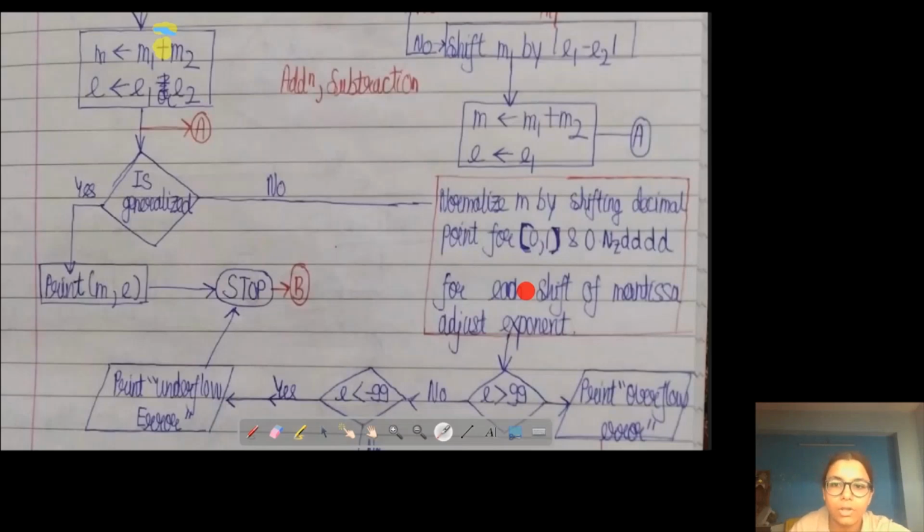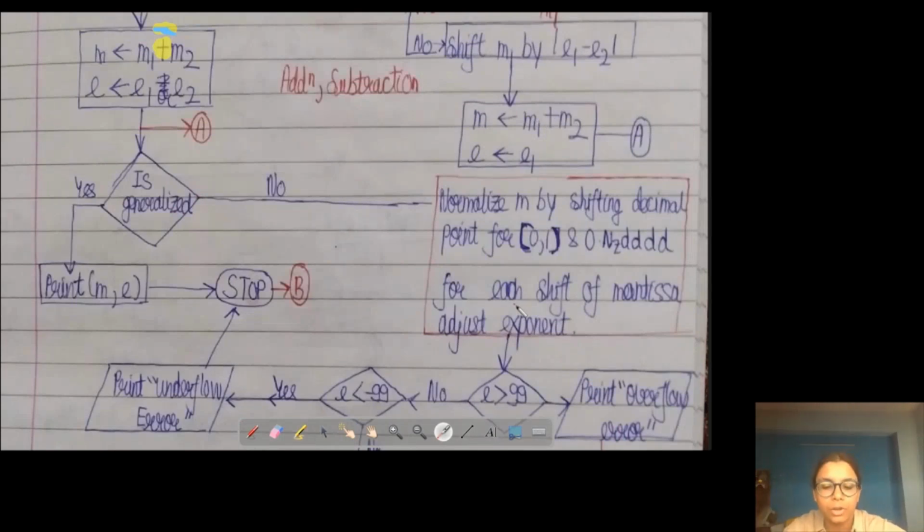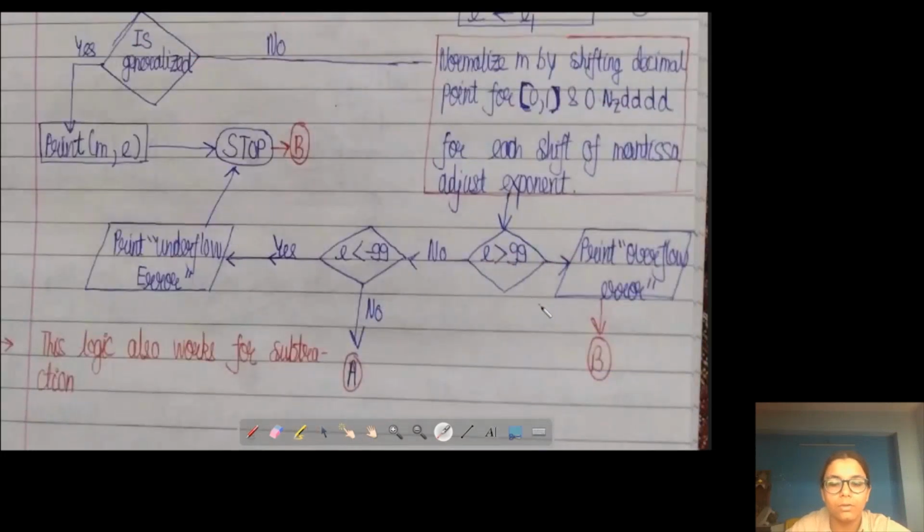That's how we would normalize the new computed value. If it is already normalized, then we would just print it. If it is not, we would normalize it first by shifting the decimal point of the Mantissa part by adjusting the exponents. Now, how do we do that?